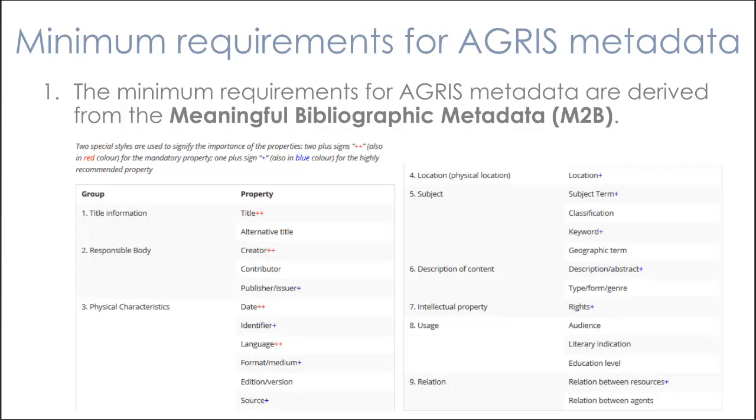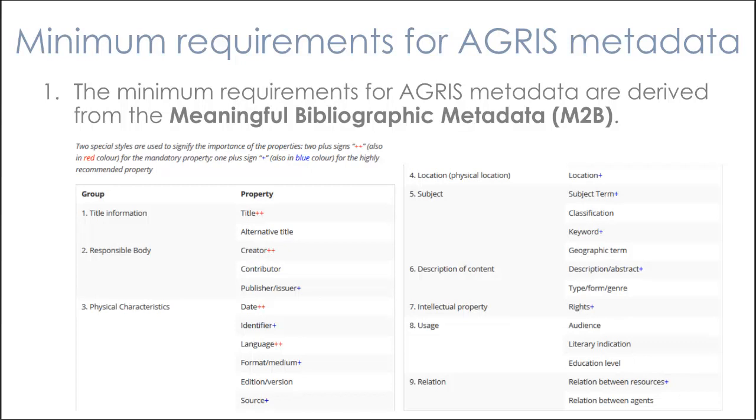And then there are certain highly recommended properties. I will not go through all of them now, but I can go through some. For example, keywords are extremely important, as well as subject terms. Then the abstract, of course, but it also depends on the type of resource.